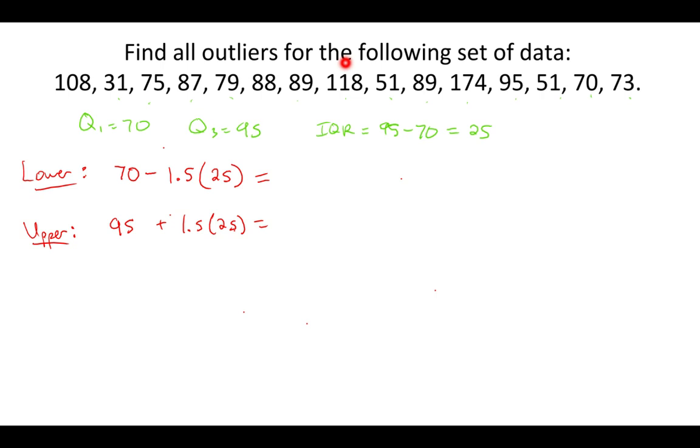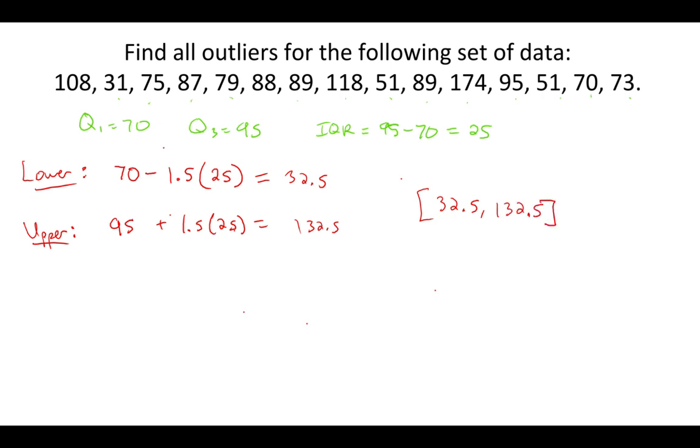Go ahead and do those calculations real quick. For the lower, we get 32.5, and for the upper, we get 132.5. So our range is 32.5 to 132.5.